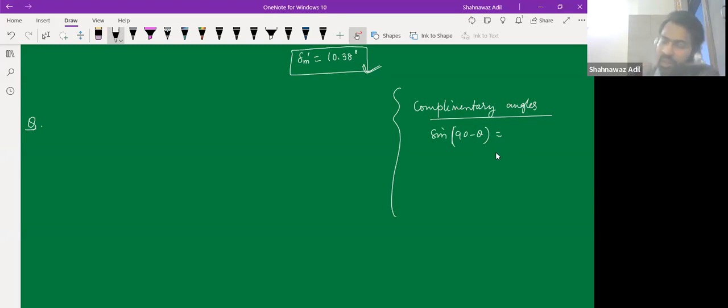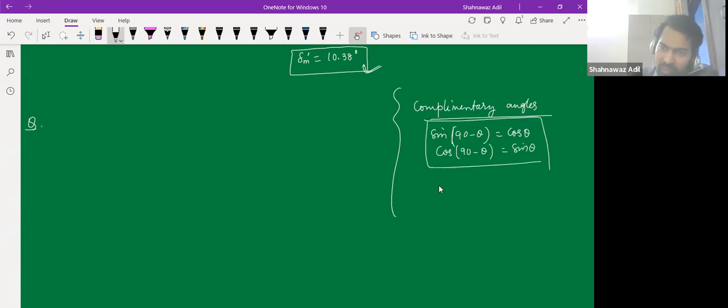This is cos theta, right? Similarly, cos of 90 minus theta is sine theta. So these are complementary angles, right?